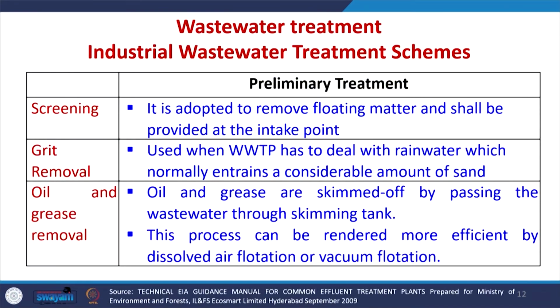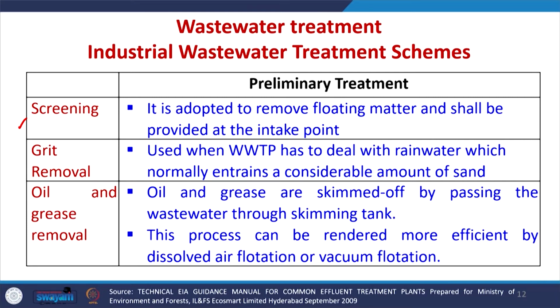Now, what are the wastewater treatment strategies, and what are the different units of the industrial wastewater treatment schemes with respect to preliminary, primary, secondary and tertiary treatment? That we are going to discuss now.